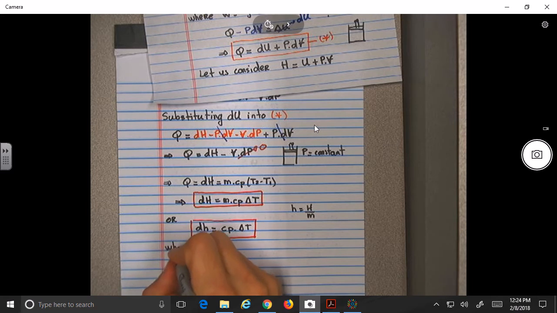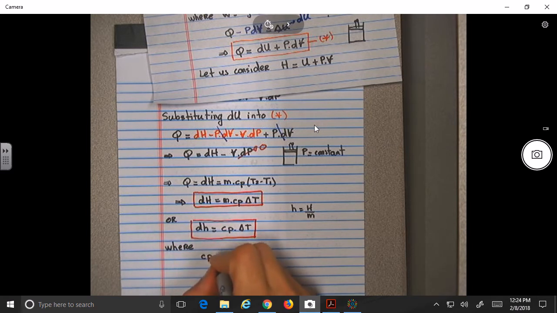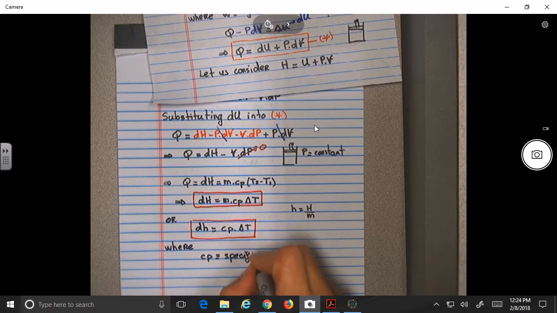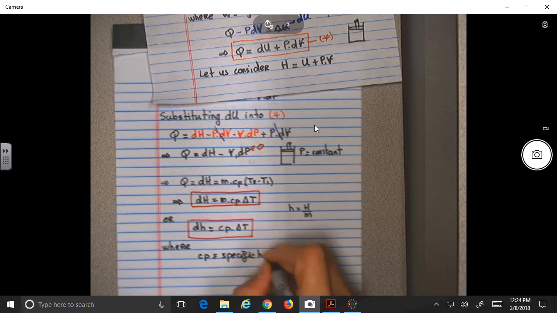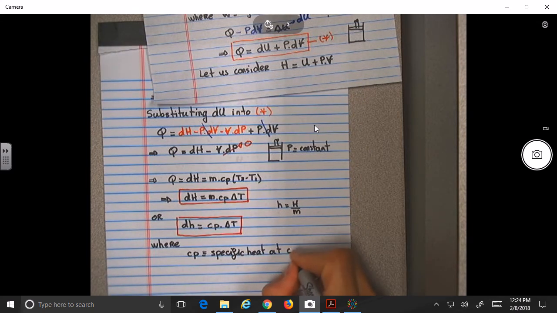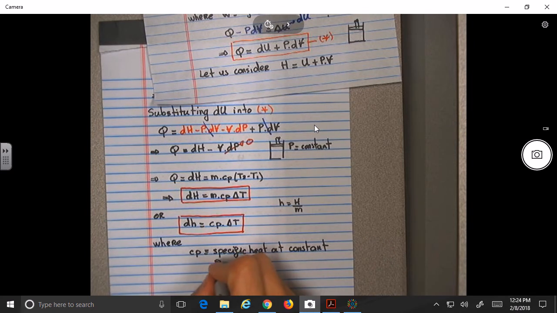Where Cp is what? Specific heat at constant pressure.